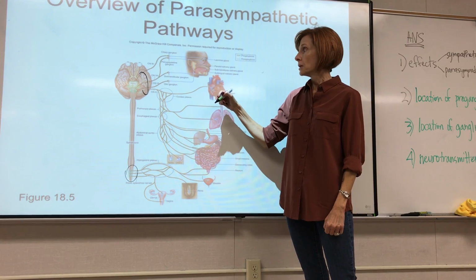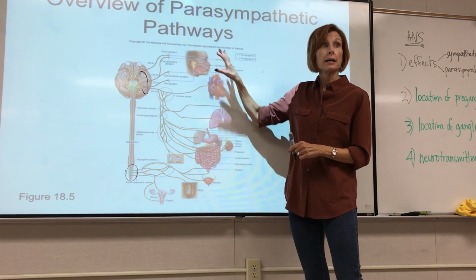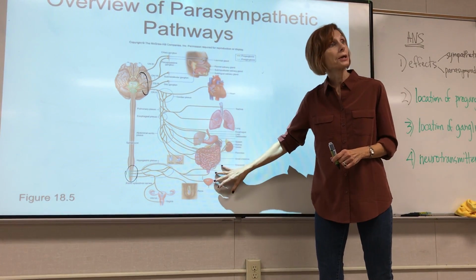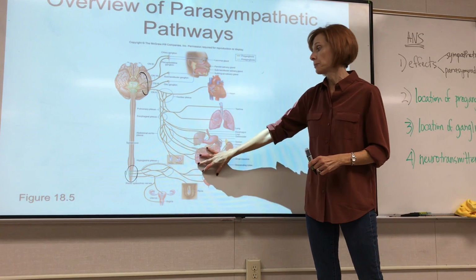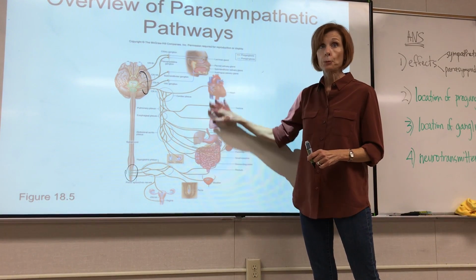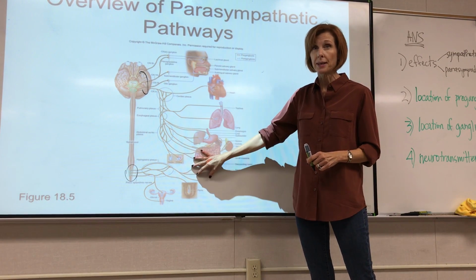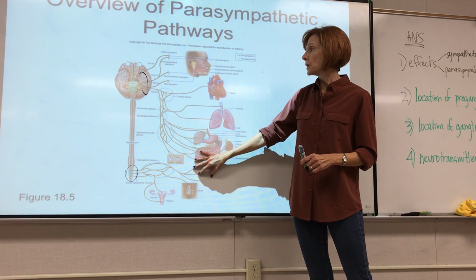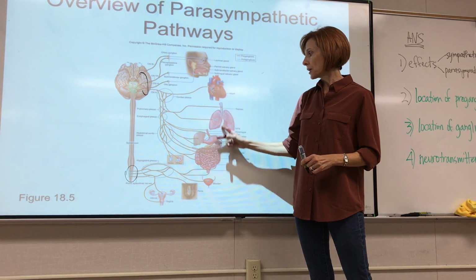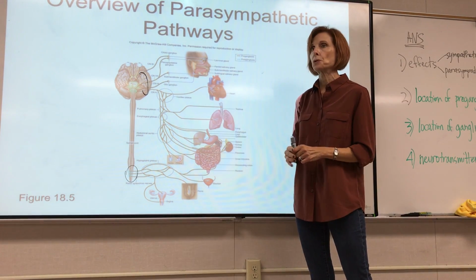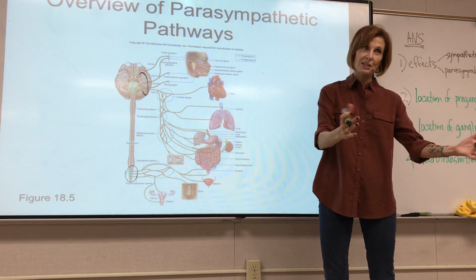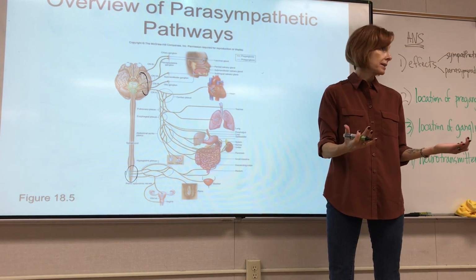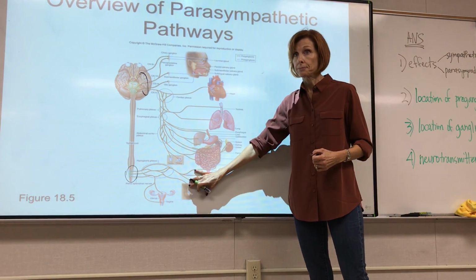Notice in this diagram, it shows different organs that these neurons are going to supply, and this looks pretty much the same for the sympathetic. These are going to end up going to smooth muscle, cardiac muscle, and glands in our organs.